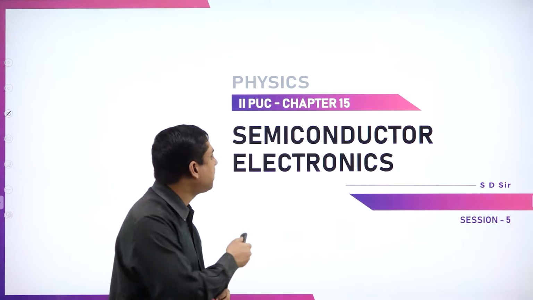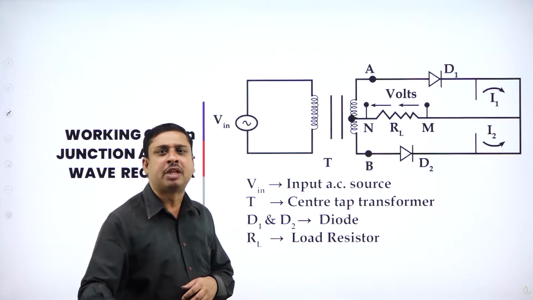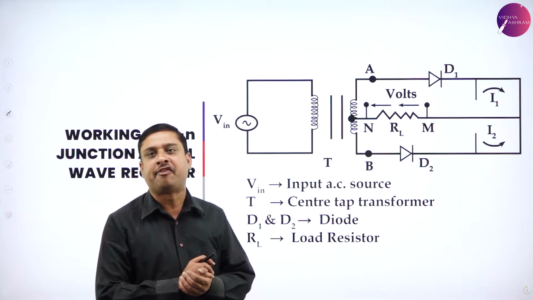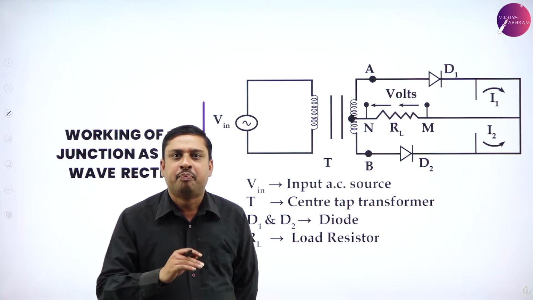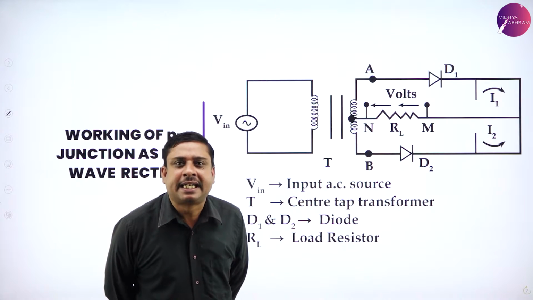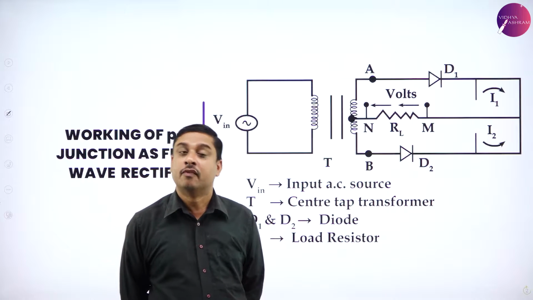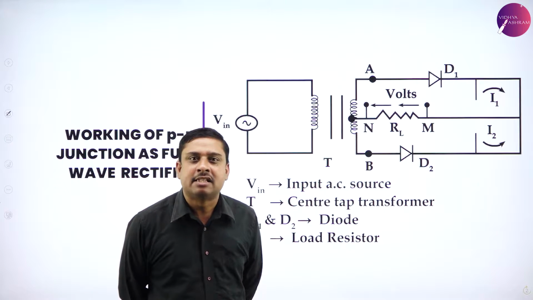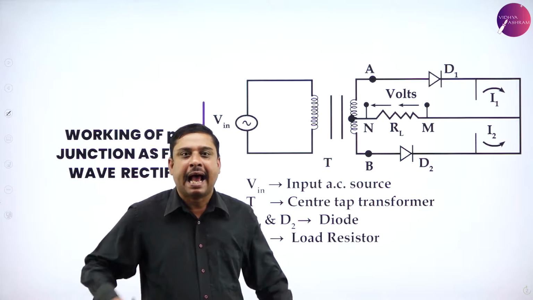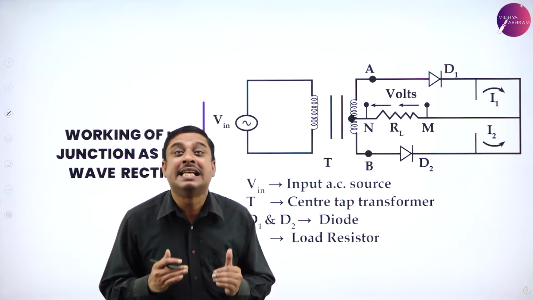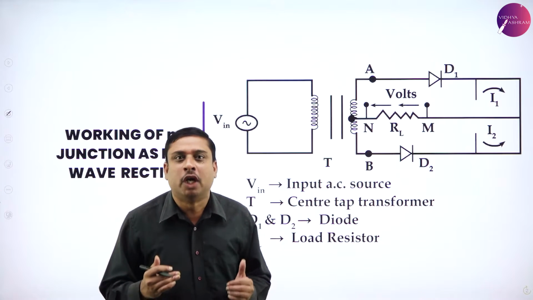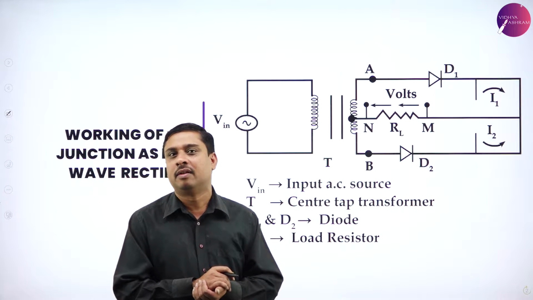So we will start understanding something called a full wave rectifier. Before I start, what is meant by rectification, students? We told it is the process of converting an input AC signal to a rectified output DC signal.